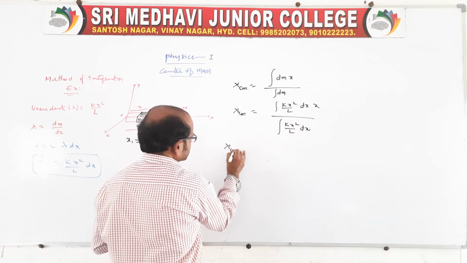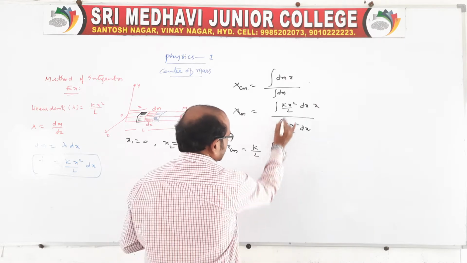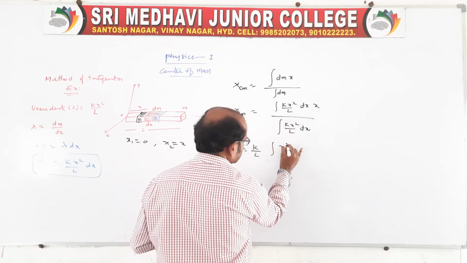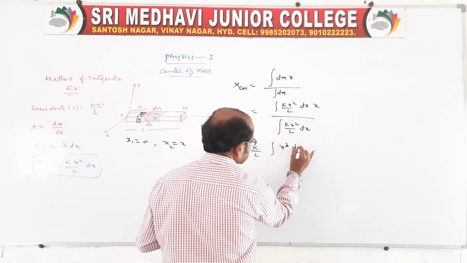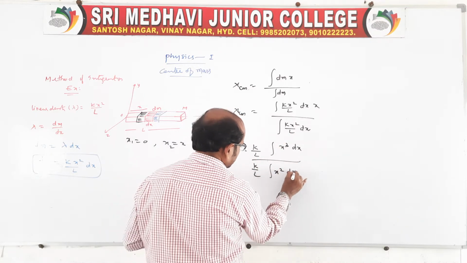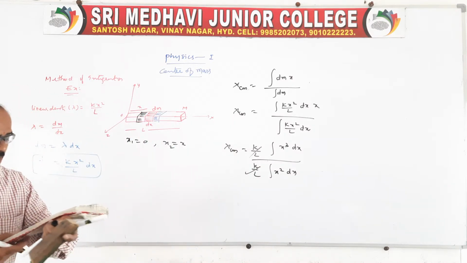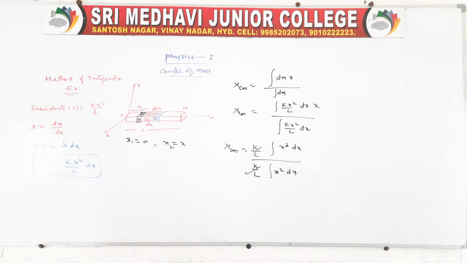So xcm is equal to, k by L is common, in the numerator x square into x gives x cube dx, and in the denominator x square dx. Of course the k by L will cancel. Now you apply the integration method and get the final answer.